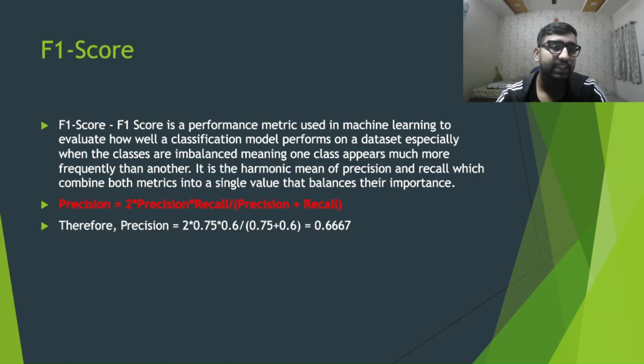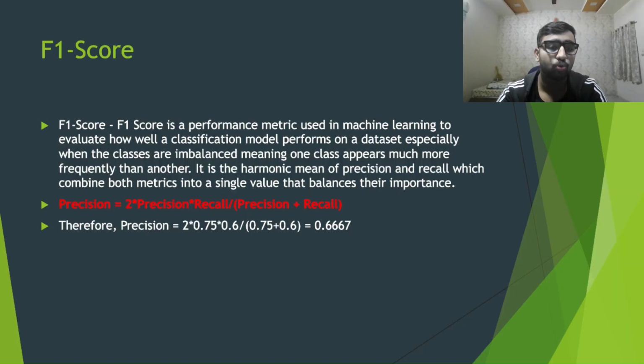So the F1 score basically comes into play when we have to analyze both precision and recall together, and these two metrics vary from each other to a greater extent due to imbalance of classes. Hence, what the F1 score does is it brings both of them together so they can be studied together, and it combines them into a single metric and balances their values so that we could have proper and easy interpretations for both of the metrics.